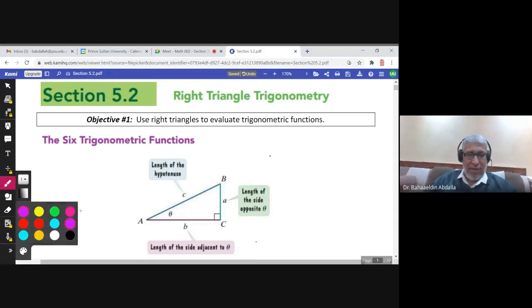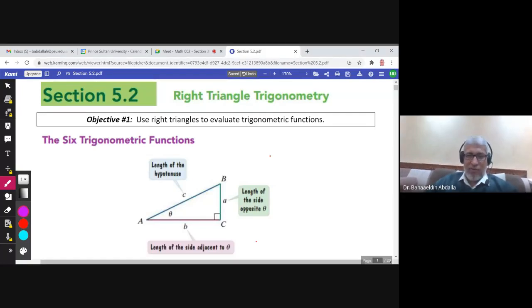Today we will define the 6 trigonometric functions of an acute angle theta. That's why they call it right triangle trigonometry, because we will consider only right triangles.